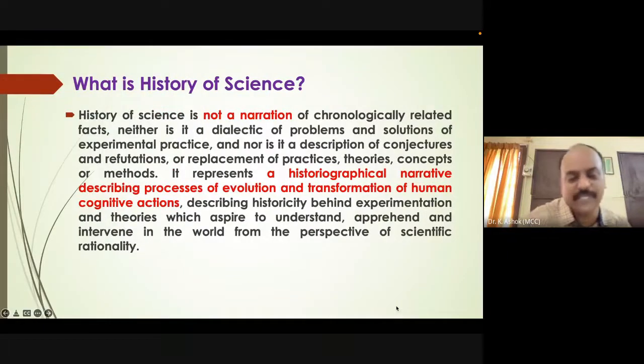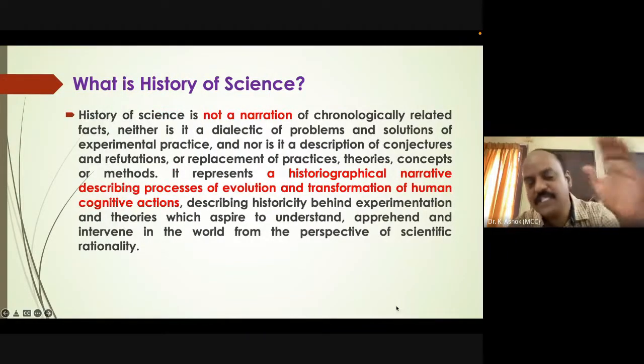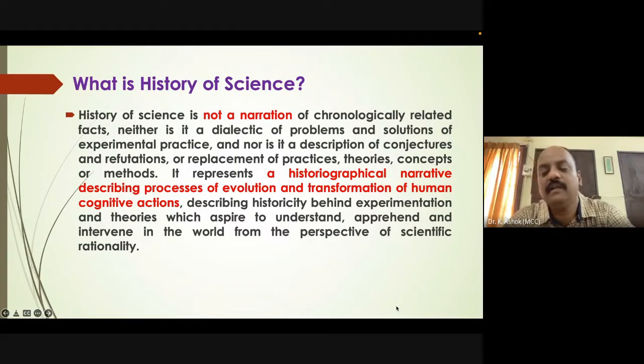So what is the history of science? History of science is not a narration of chronologically related facts, but a historical narrative describing the process of evolution and the transformation of human cognitive actions.